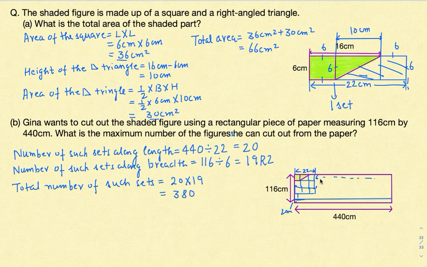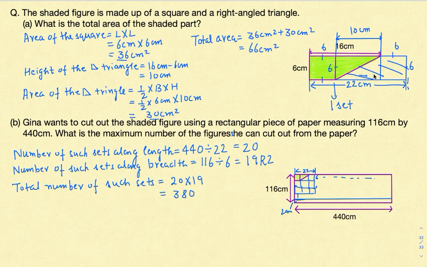Basically from this whole rectangular paper we'll get 380 such sets, but we have to find out the number of shaded figures, and we know that each set has two such figures.